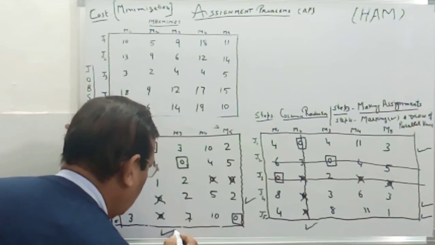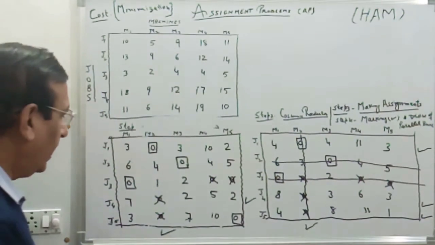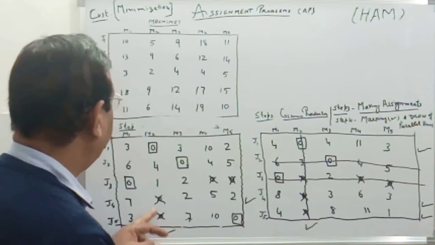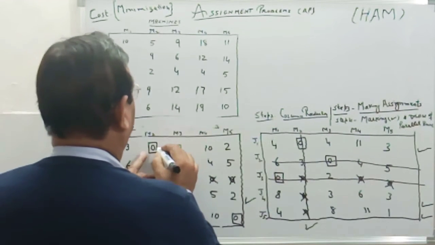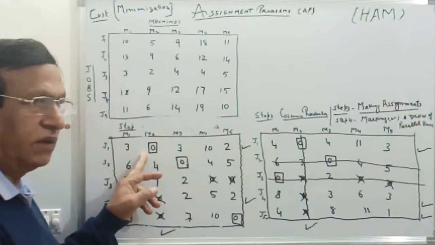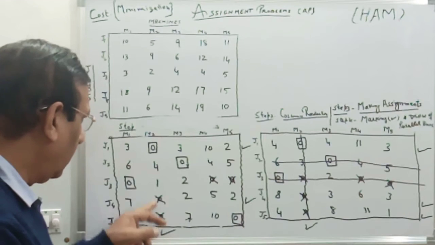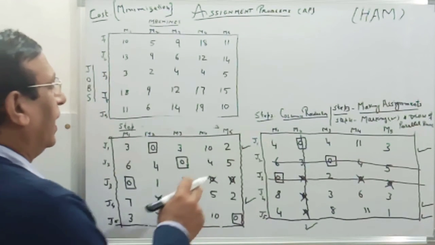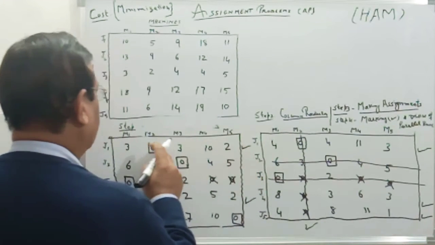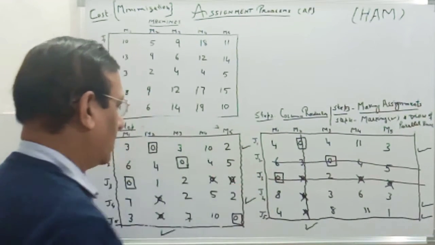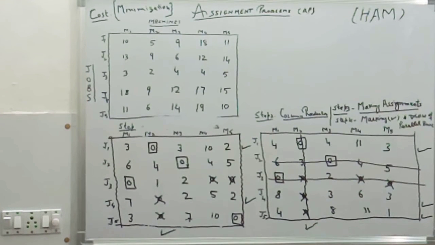Then mark the column and find the assignment in the marked column and mark the row in front of that assignment. Because we are finding the assignment in the marked column, then we will mark the row. Again, marking the row, we will find 0 here, here, again we are stuck. No further marking is possible.